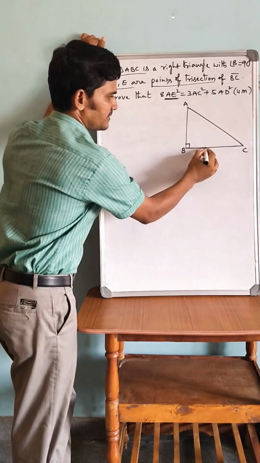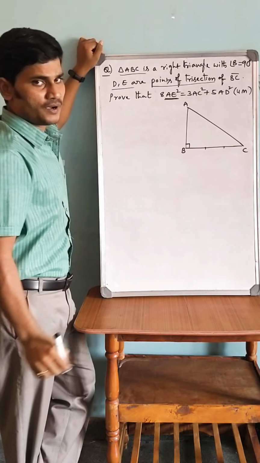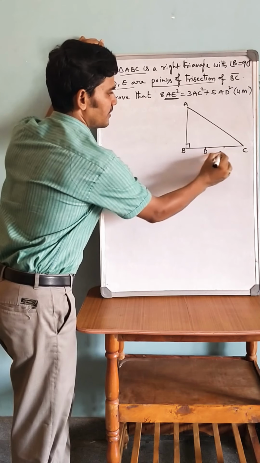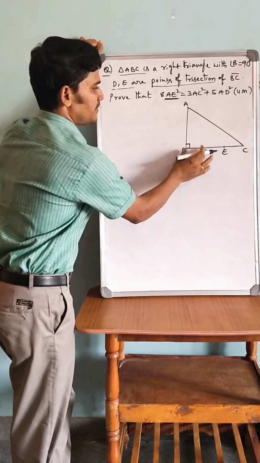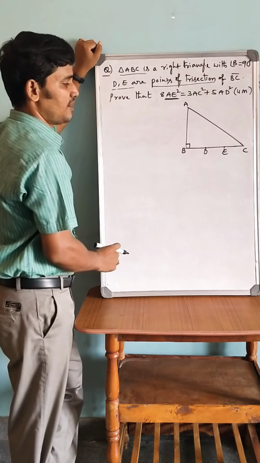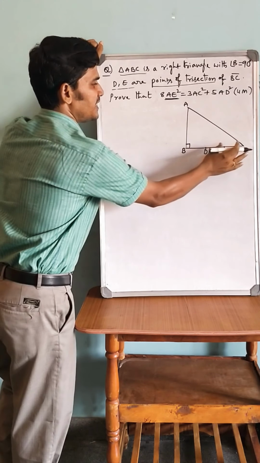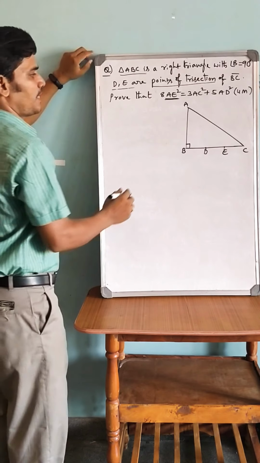This BC bar is divided into three equal parts by these two points. The points which divide a segment into three equal parts are called points of trisection. These three: BD is equal to DE is equal to EC.